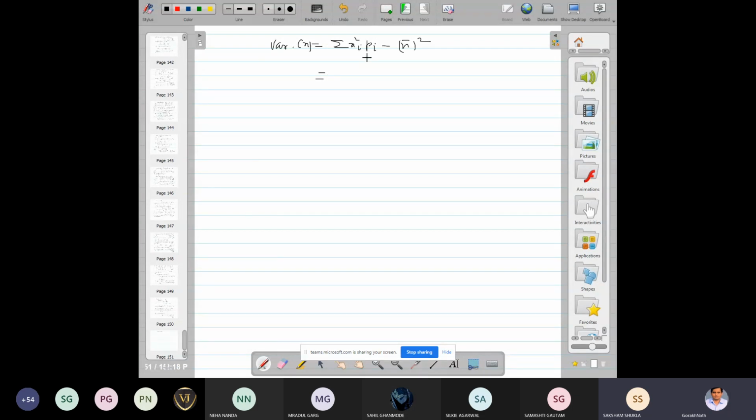That is, xi is 1, into pi 1 upon n, plus 2 square into 1 upon n, plus 3 square into 1 upon n, and so on. Now simplify this, and this minus x bar square, and the last term will be n square into 1 upon n.